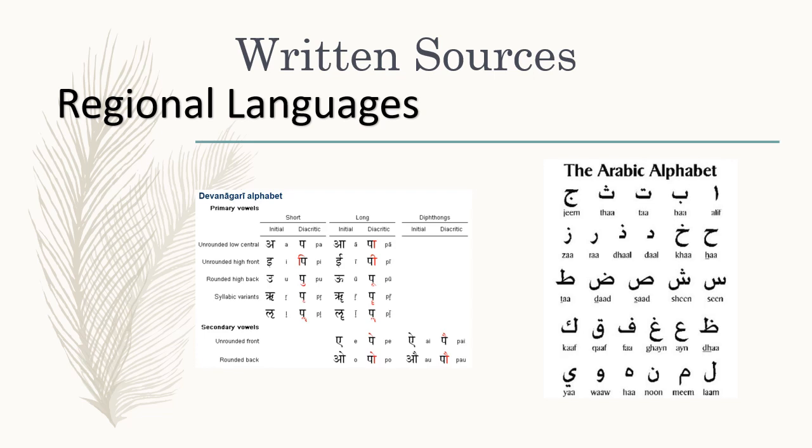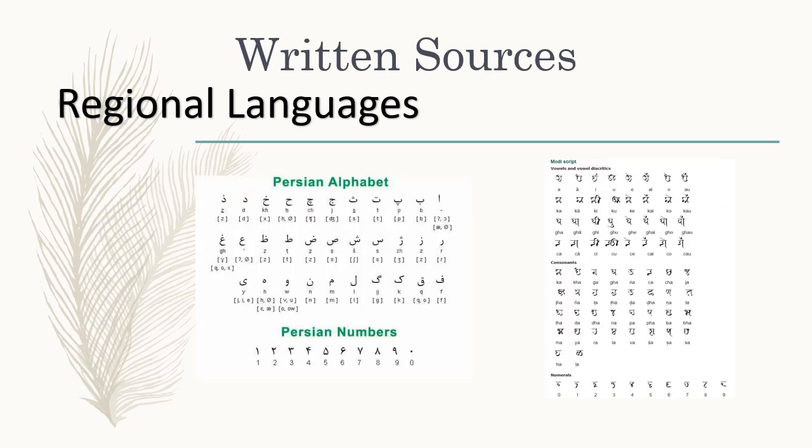This was for communication, not orally but by written document. Here we have a few languages which were given more importance: Devanagari, then Arabic, then the Modi script. These are the main highlighted scripts we have in the written source.